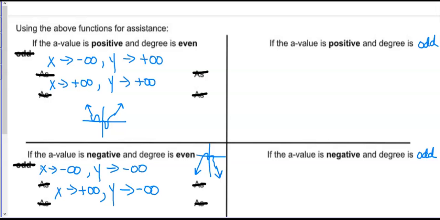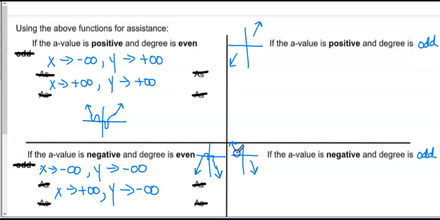Okay? So when the degree is odd, the arrows go in different directions on either side. Let me show you. If the a value is positive and the degree is odd, then on the right side, the arrow is going to go that way. And on the left side, it's going to go that way. And then if the degree is odd and it's negative, it's going to be opposite. So on the left side, it's like that, and on the right side, it's like that.